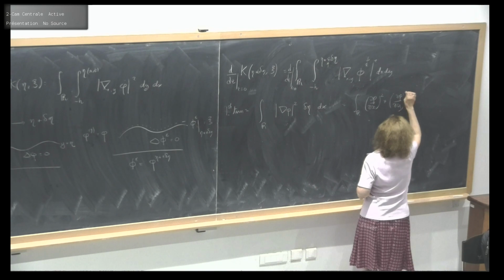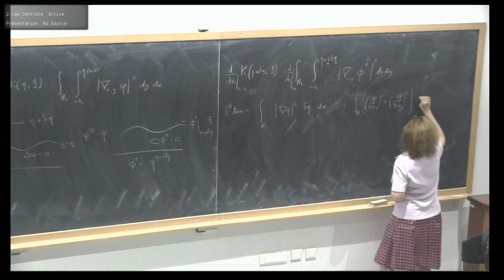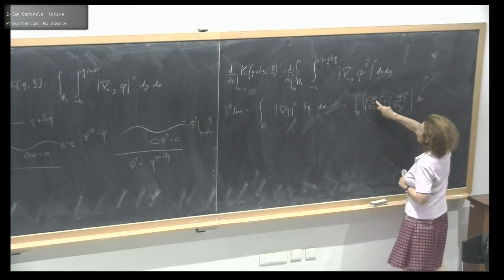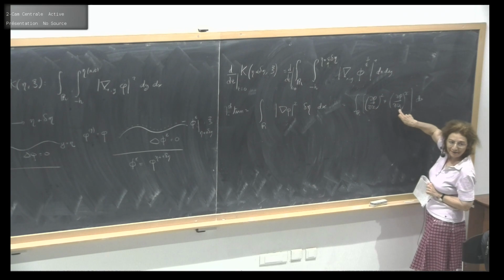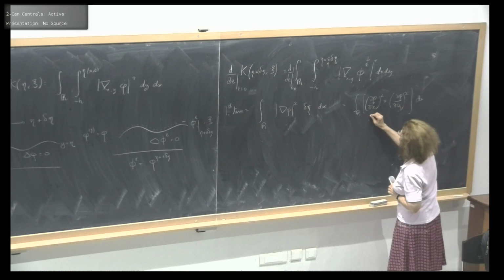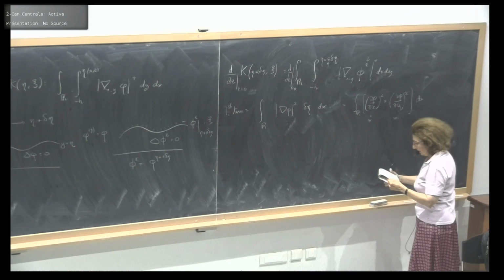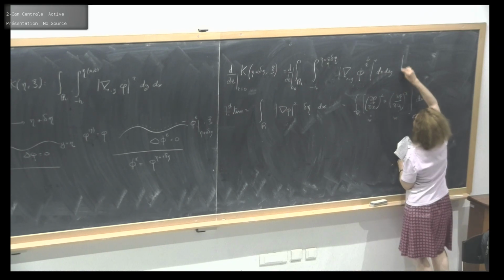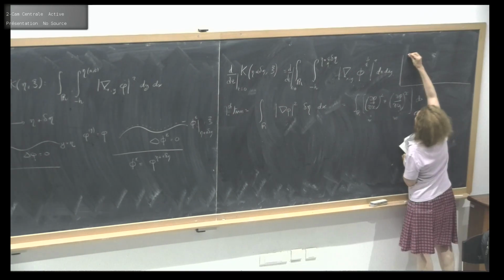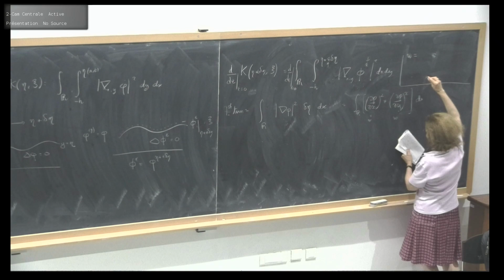And yesterday we had explicit formulas for these quantities. One was called V, that was called W. I think I will need to write down here the V and W, because we need them.